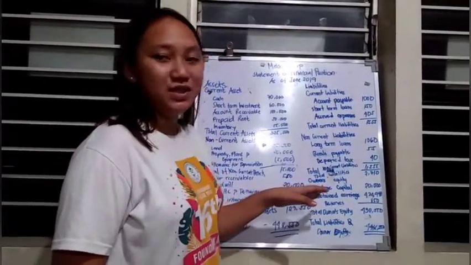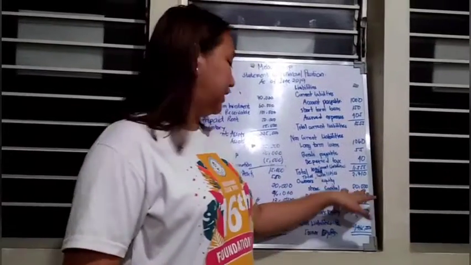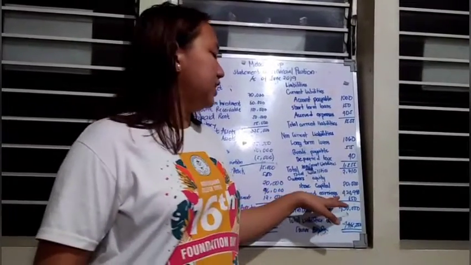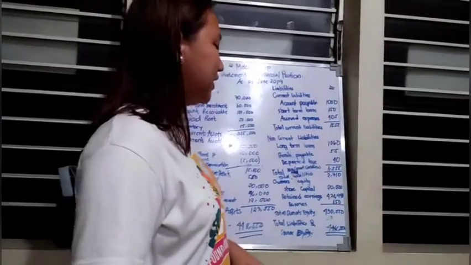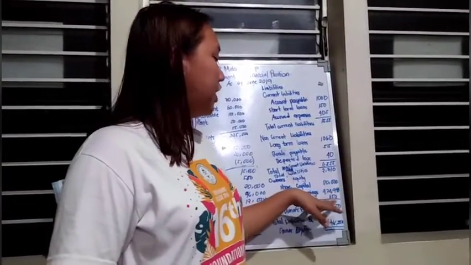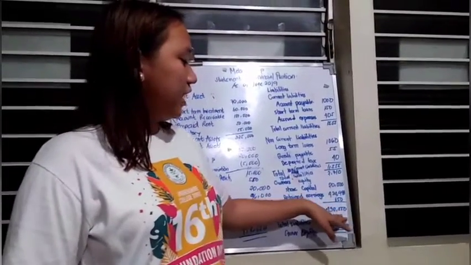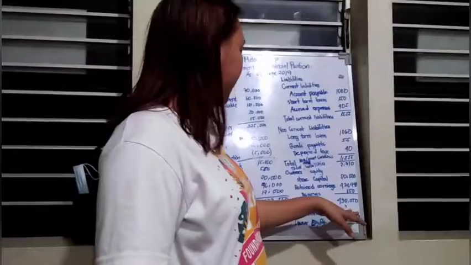Next, we're going to move on to the owner's equity. In owner's equity, we have the share capital with 20,000, retained earnings for 424,990, then reserves for 850. So a total of 430,550.